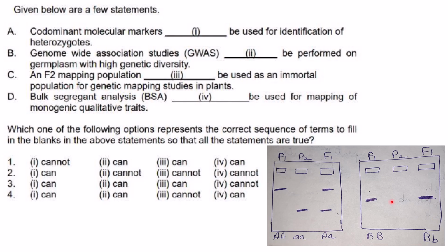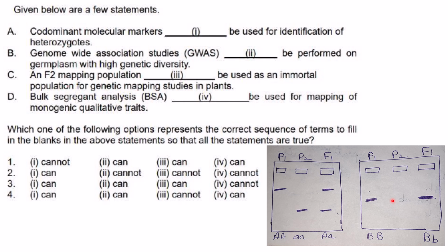But what if it is a dominant marker? See here, upon treatment of both the parents as well as the F1 with dominant marker, it was able to identify only the presence of the dominant marker gene, not the recessive one as in case of this gel. And in the heterozygote also, the dominance character has been identified, not the recessive.